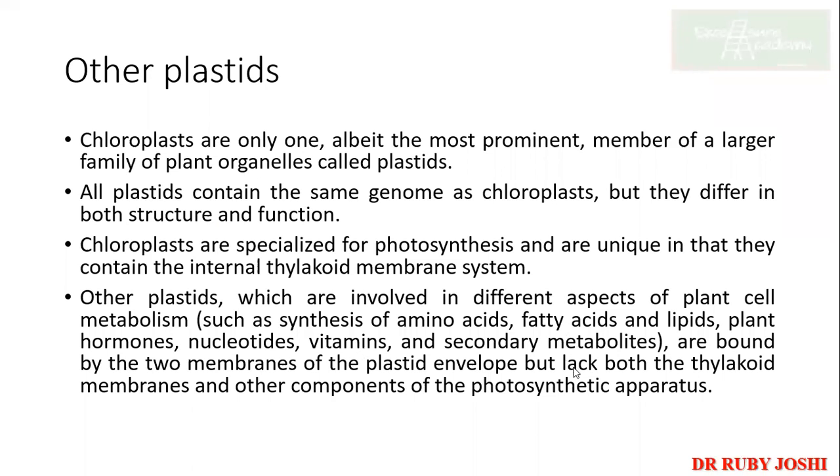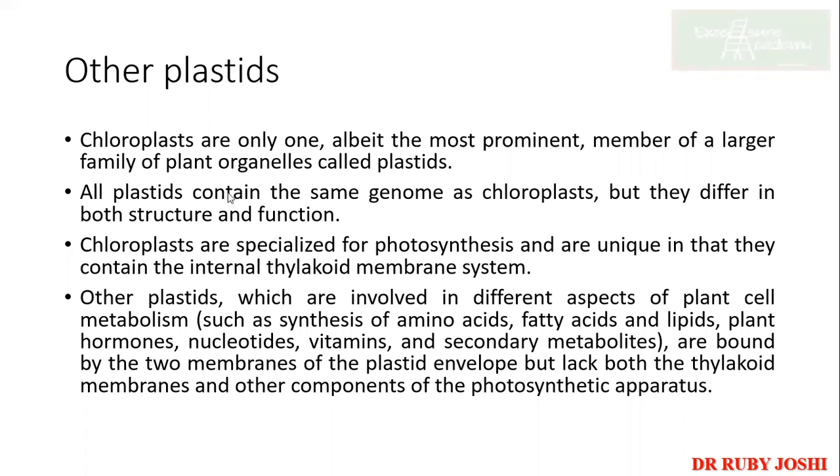They have the two membranes of the plastid, but they don't have the thylakoid membrane. The clear-cut difference is that only chloroplasts are meant for photosynthesis. The rest of the plastids have different functions.